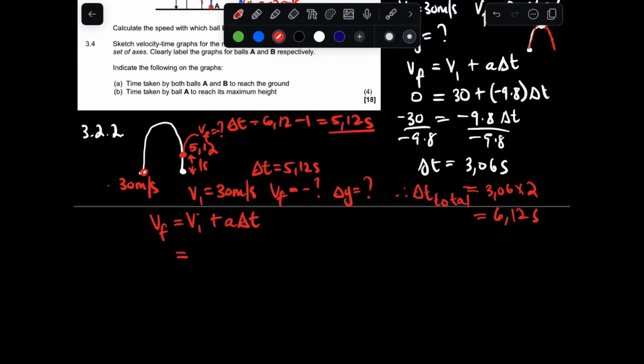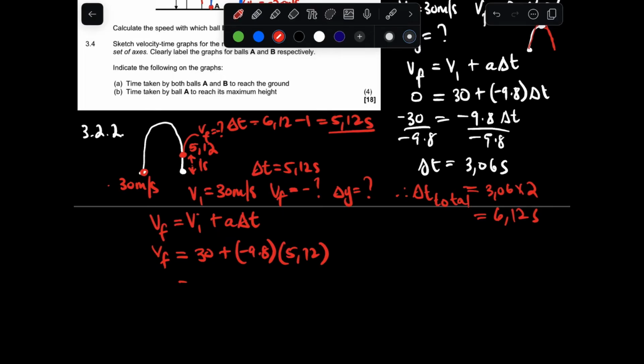So we substitute what we have. The final velocity is the one that we're looking for, the initial velocity is 30, the acceleration is negative 9.8, and the time is 5.12. So punching that in the calculator, we'll say 30 plus negative 9.8 times 5.12.